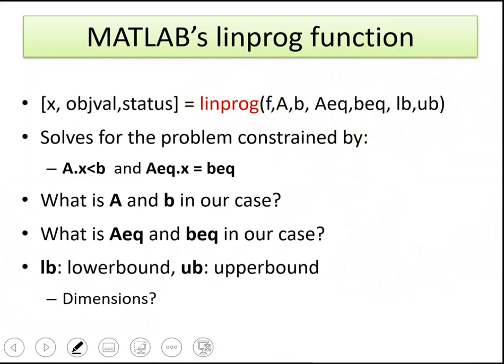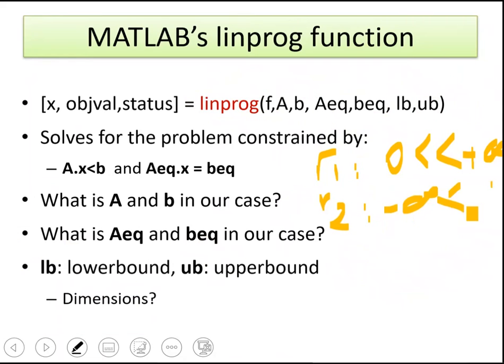So if we have reaction 1 between 0 and infinity, reaction 2 between minus infinity and plus infinity, and reaction 3 again between 0 and infinity. And let's say this is a very simple system with only 3 reactions.